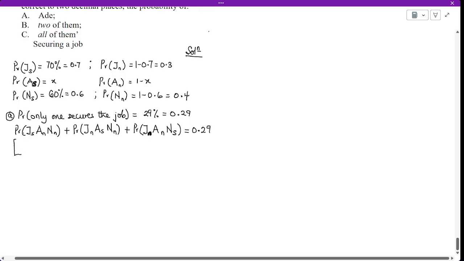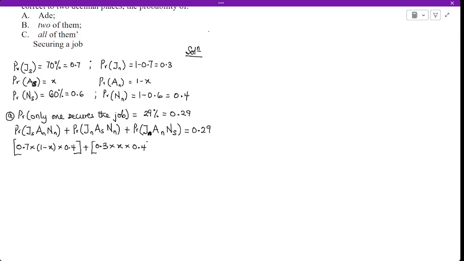So mathematically, we are going to put down our figures. The probability that John secures a job is 0.7, times Ade not securing the job, which is 1 minus X, and then Ngozi not securing the job, which is 0.4. So we have this first possibility. Then the next possibility where John does not secure the job, which is 0.3, but Ade secures the job, which is X, and Ngozi does not secure the job, giving us 0.4.